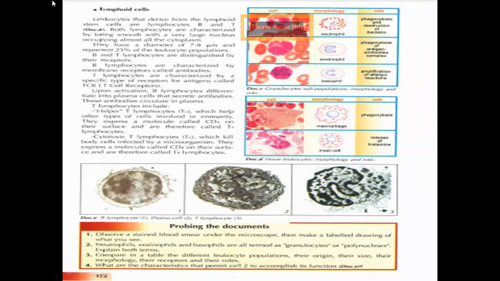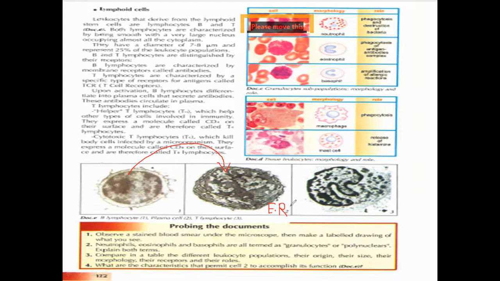So whenever we move from a B lymphocyte toward a plasma cell, which is a mature B lymphocyte, the number of endoplasmic reticulum will increase. Why will the number of ER increase? ER is the site of production of proteins. So the number of sites of production of protein will increase in the plasma cell.